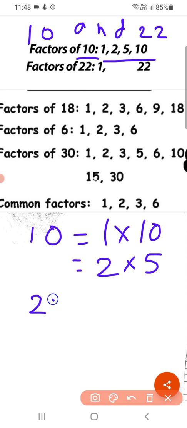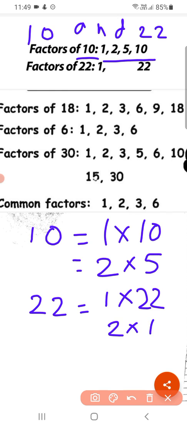Next, find the factors of 22. 1 into 22 and 2 into 11. 1, 2, 11, 22. These are the factors of 22. Now we have to find the common factors. Common factors, as I told you, are the factors which are same in both.